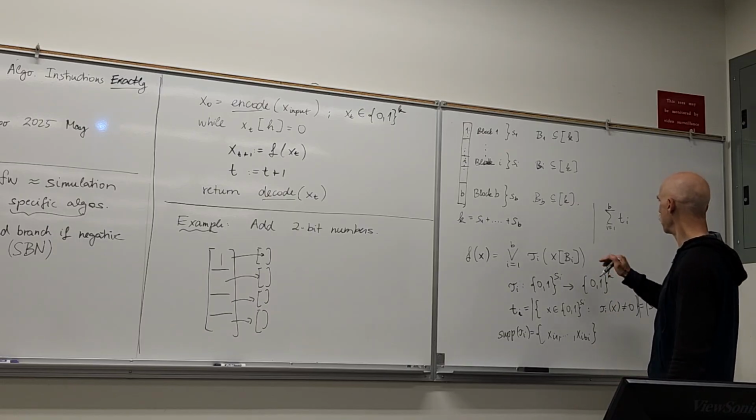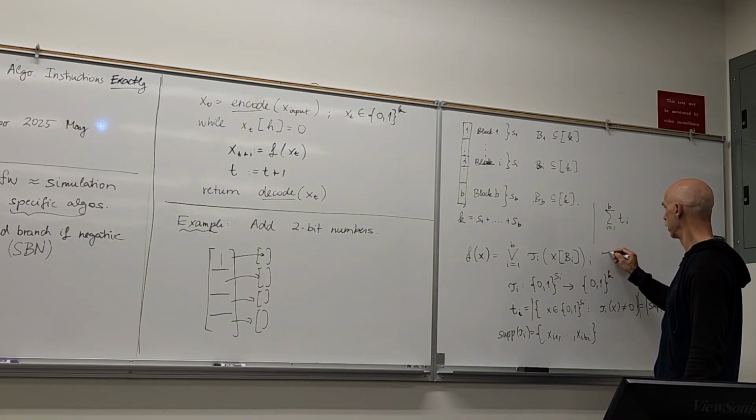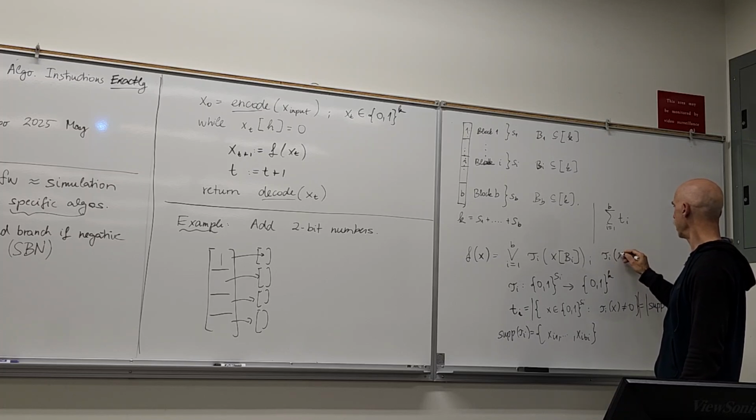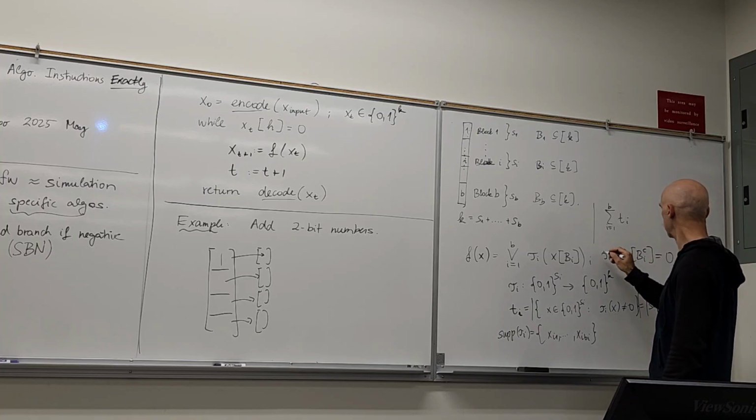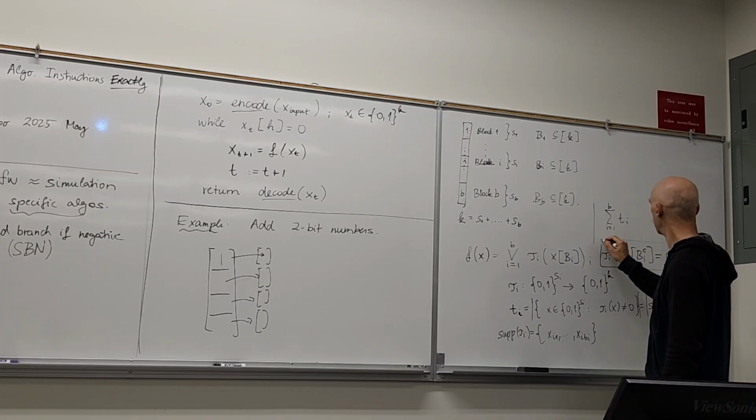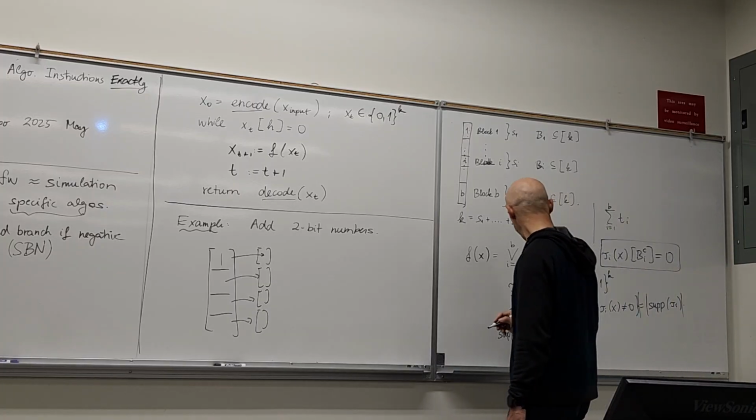Okay, so tau i also has the property that tau i on any x returns a vector that outside of Bi is 0. I didn't tell you that.